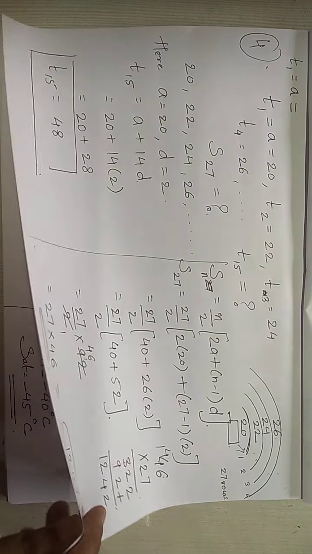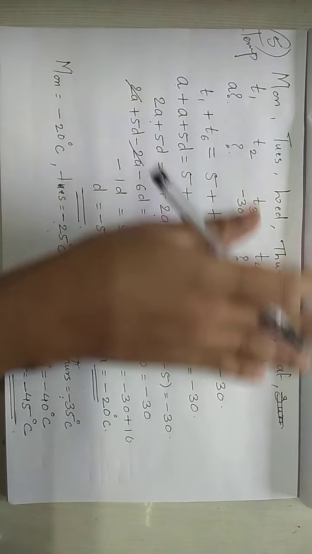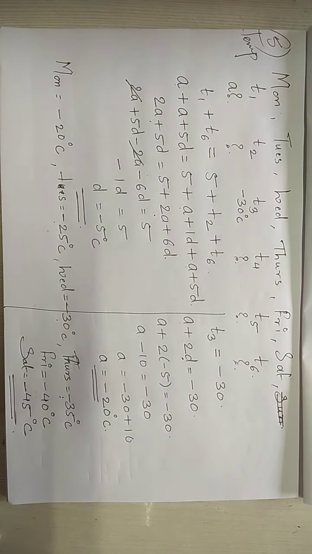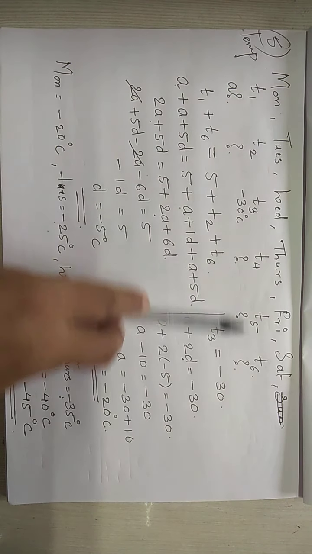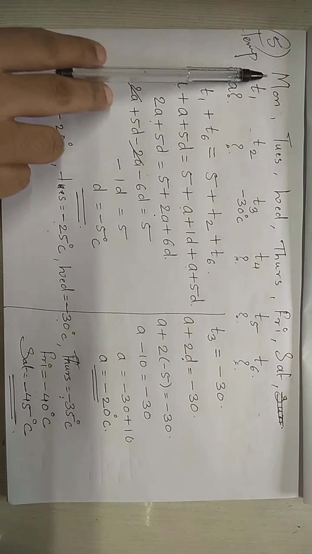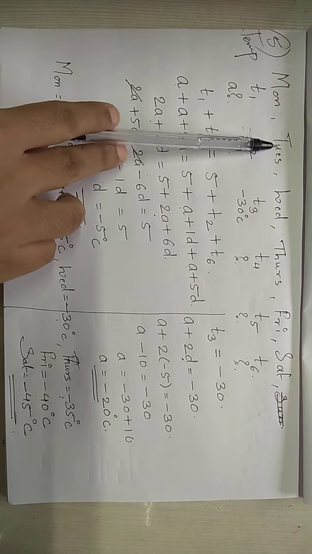Now let's go to question number 5. Question number 5 says that Kargil's temperature was recorded for a week from Monday to Saturday, and the temperatures were in AP, in arithmetic progression. So we call Monday's temperature T1, which can also be called a.